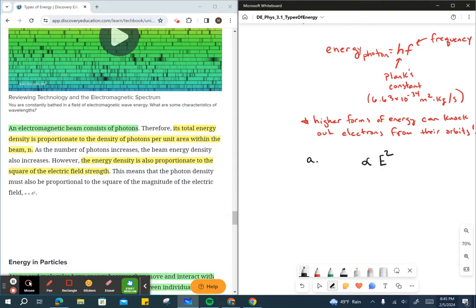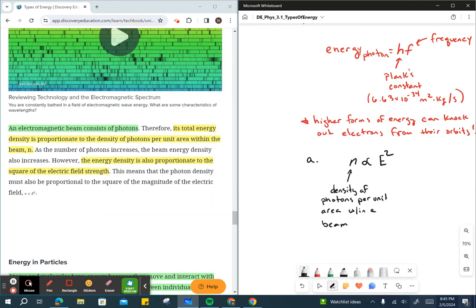N is the density of photons per unit area within a beam.